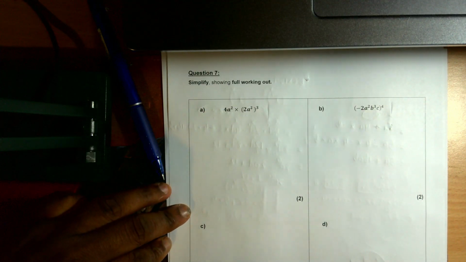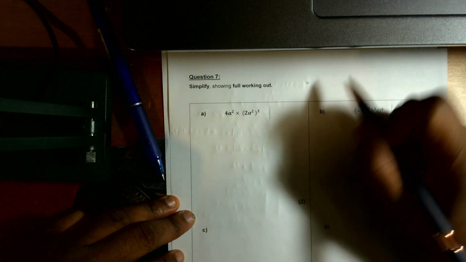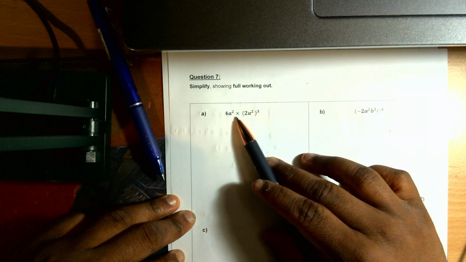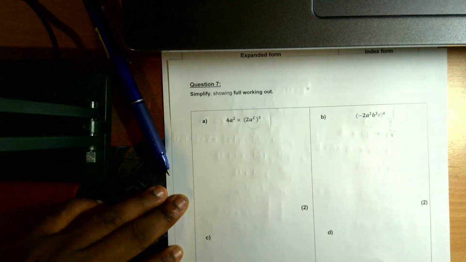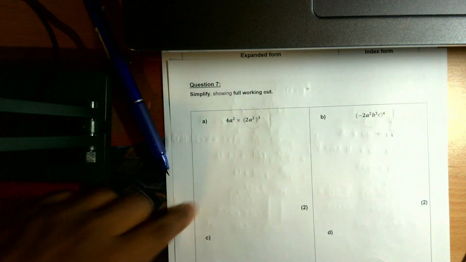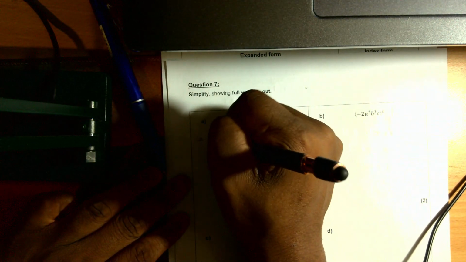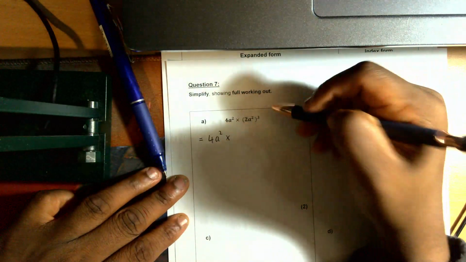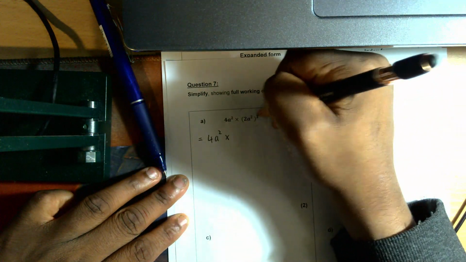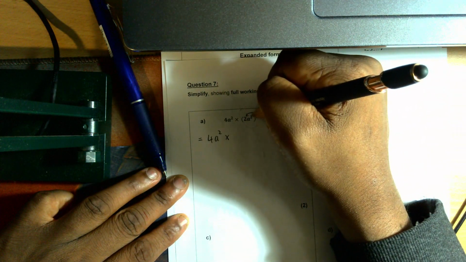Alright, this one. Again, we've got multiplying indices, but we've also got power of a power. So we're gonna expand that bracket first and go from there. So 4a squared, I'm just gonna leave that term. The power by 3, I'm gonna expand that into all terms.